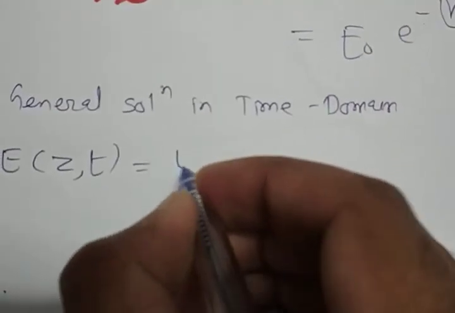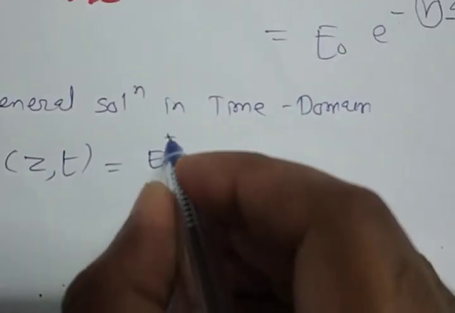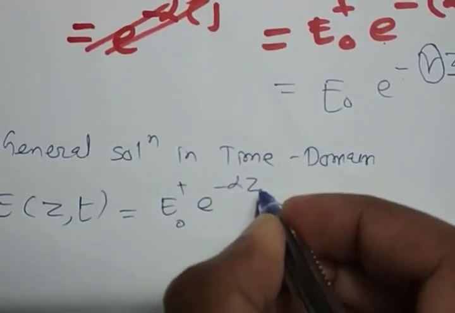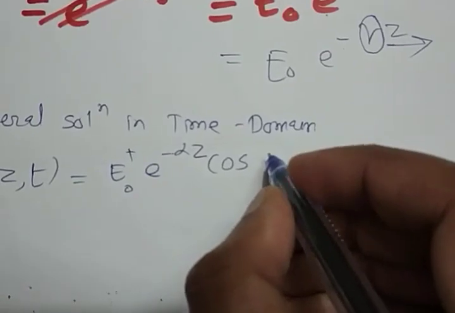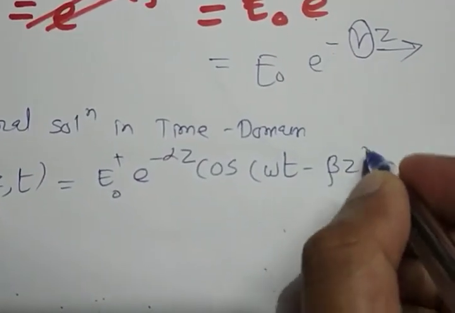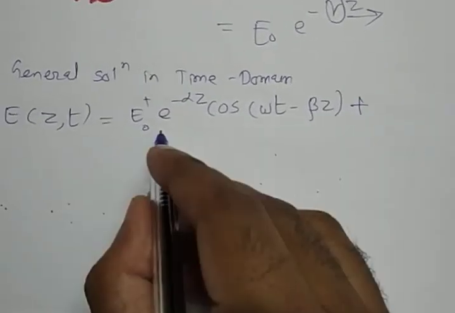So this will be equal to the forward wave, then e to the power minus alpha z. This will be solved as cos of omega t minus beta z. This will be for the forward wave.